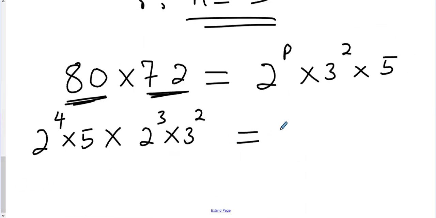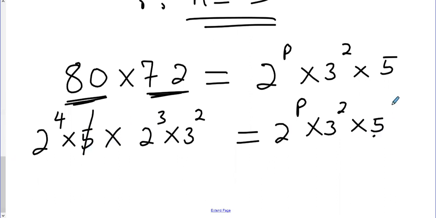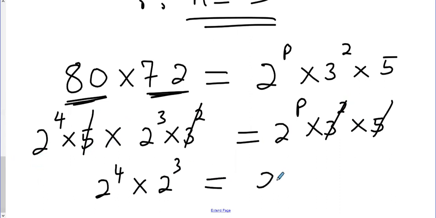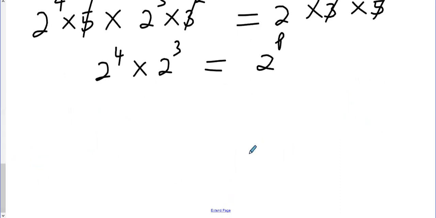This will equal 2 to the power of p times 3 to the power of 2 times 5. Let us look for like terms. Here we have 5, so you can cross out this 5, and 3 to the power of 2 here and 3 to the power of 2 there. So you can see that you have 2 to the power of 4 times 2 to the power of 3 equals 2 to the power of p. We have to find the value of p.